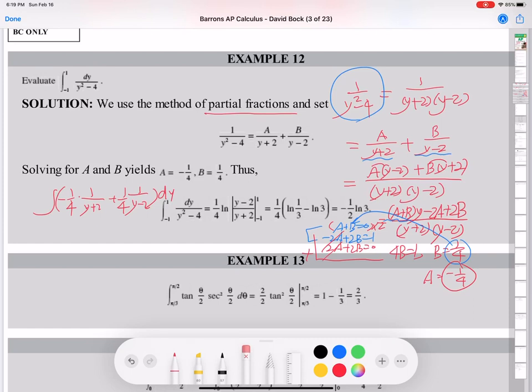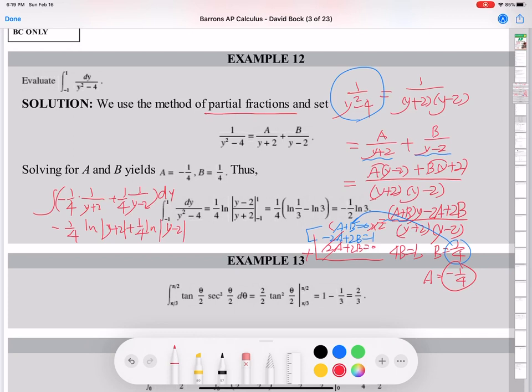So it is negative 1 over 4 ln absolute value of y plus 2 plus 1 over 4 ln absolute value of y minus 2.